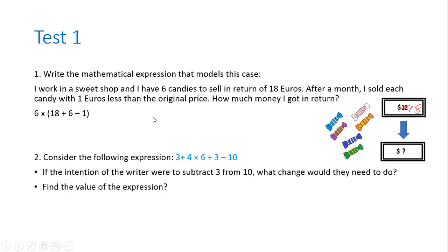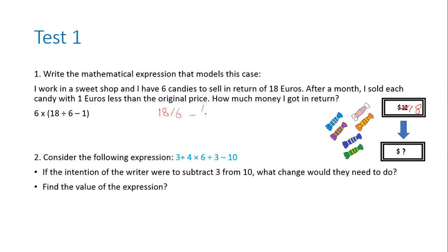So in this case, if we wanted to write a numerical expression that represents this story, we can think first of the price of each candy, and this price would be 18 divided by 6. Now, after 1 month, each candy lost 1 euro from its previous price. It means this is the previous price of each candy.